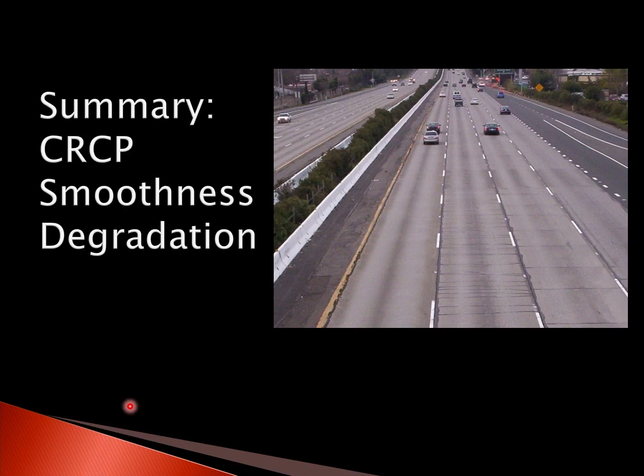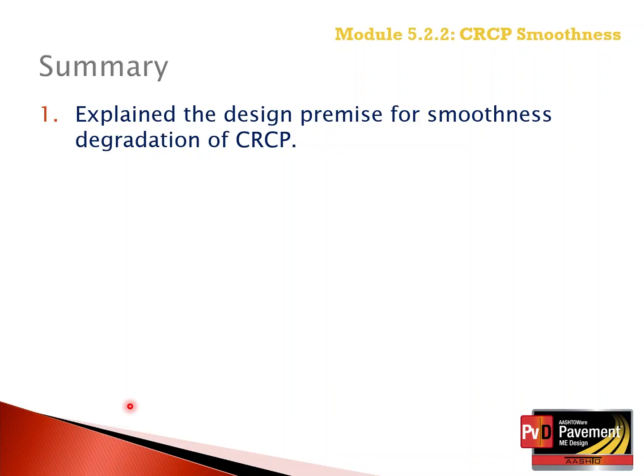This section is a summary of the materials presented under Section 5-2-2 for CRCP smoothness degradation. The three learning outcomes from Module 5.2.2 on CRCP smoothness degradation included: first, we explained and defined the design premise for smoothness degradation of CRCP, which is the same design premise for all types of pavements.